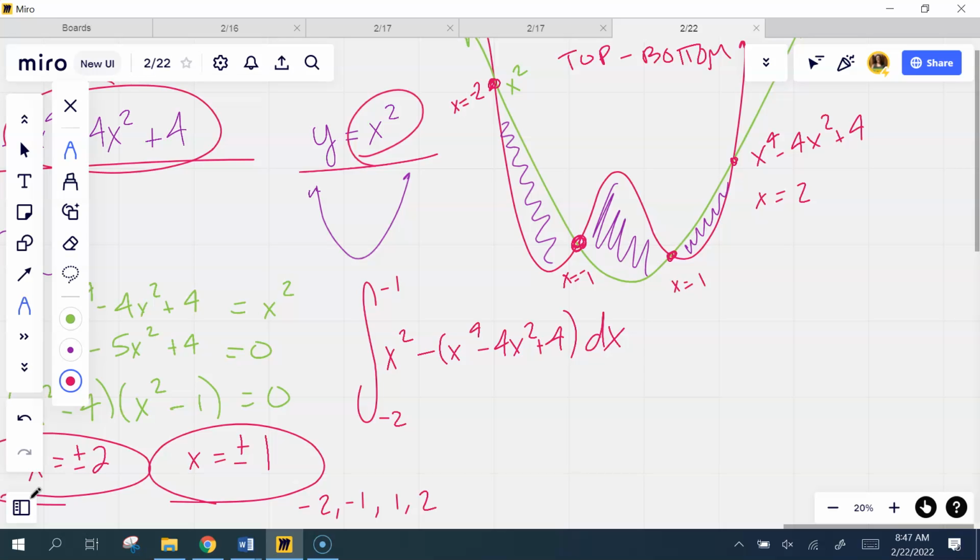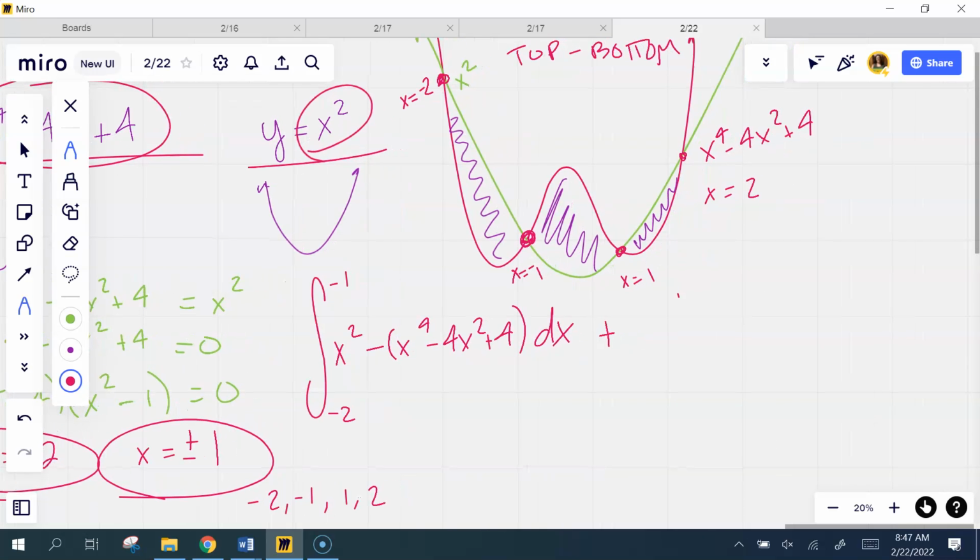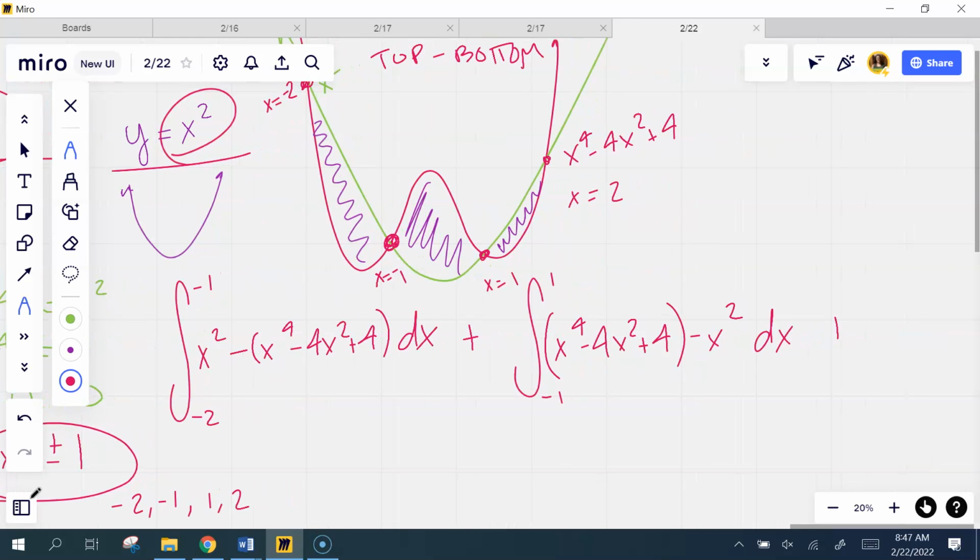So to that, I'm going to add the integral from -1 to 1. This time, what's on top? X to the 4th minus. See, if you didn't have a picture, it would make this very difficult. Plus last integral 1 to 2.